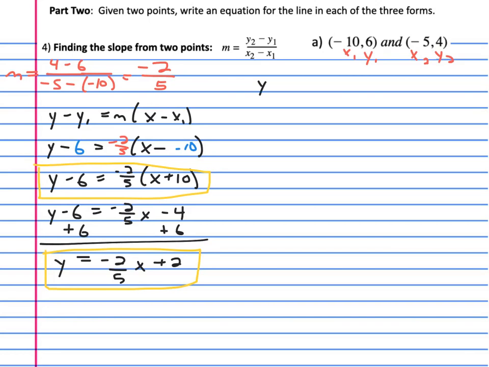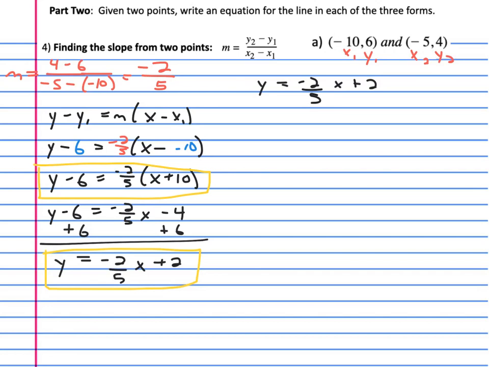We're going to take what we have there, which is y equals negative 2/5 x plus 2. And what do we need to do? What we need to do is we need to clear the fraction. And you see how this has a 5 on the bottom? Okay. Then I'm going to multiply everything by 5.